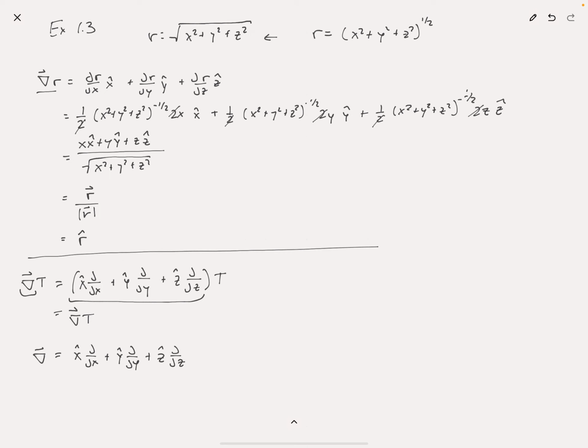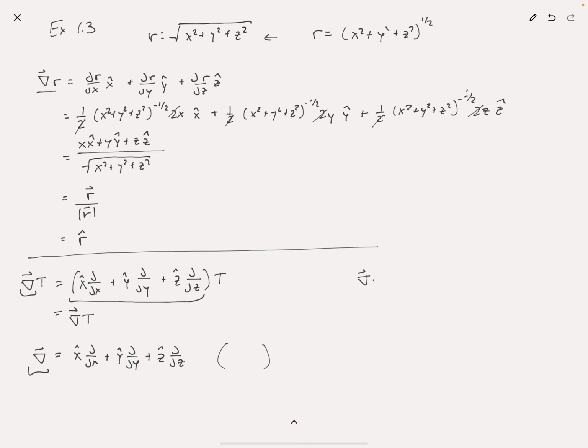This operator is a vector, and it acts on something. In the case of the gradient, it acted on some scalar function T. But this del operator acts like a vector in the traditional sense. I can go ahead and act that on a scalar function T, like I did the gradient.